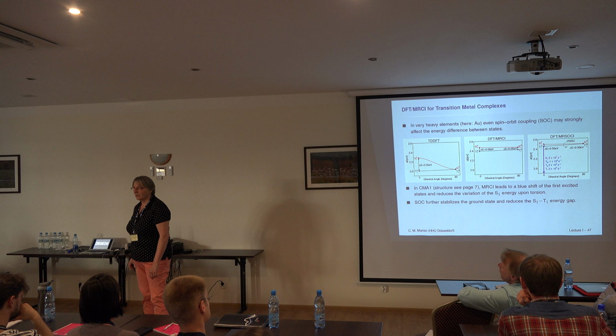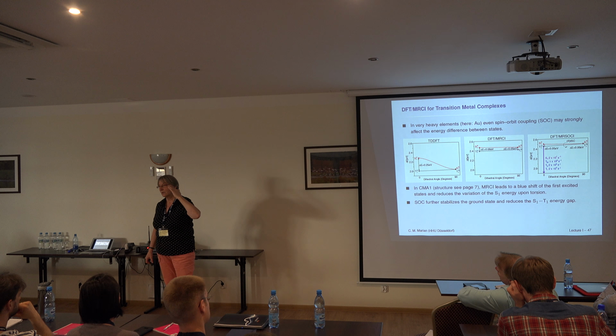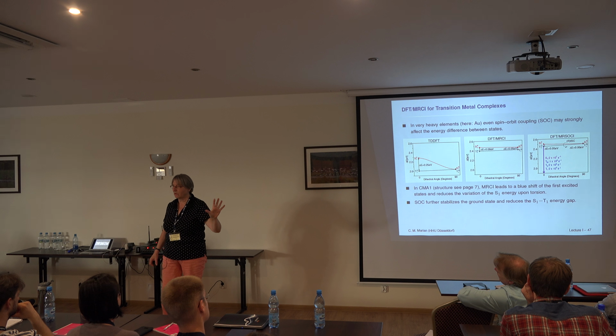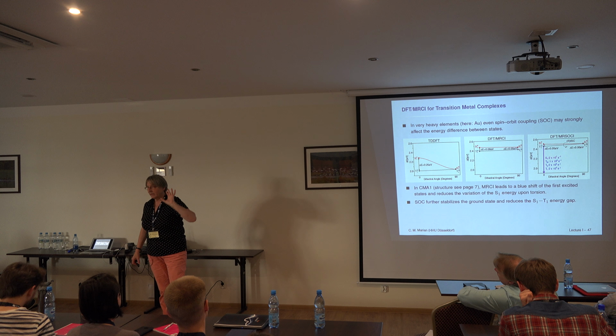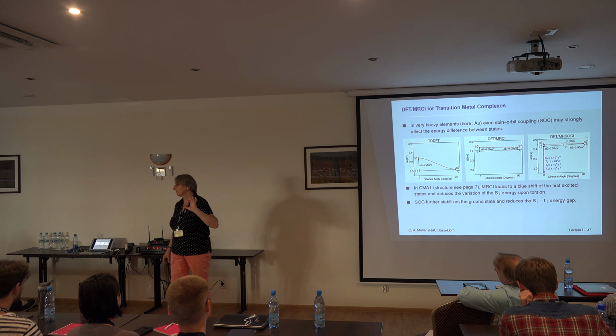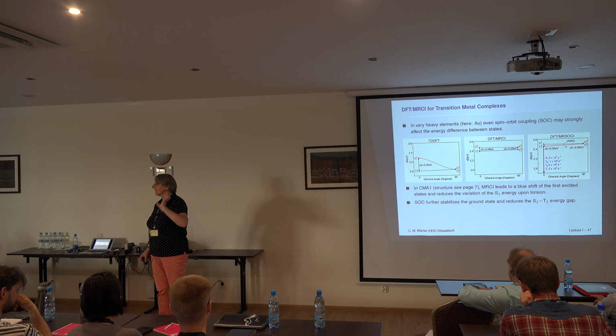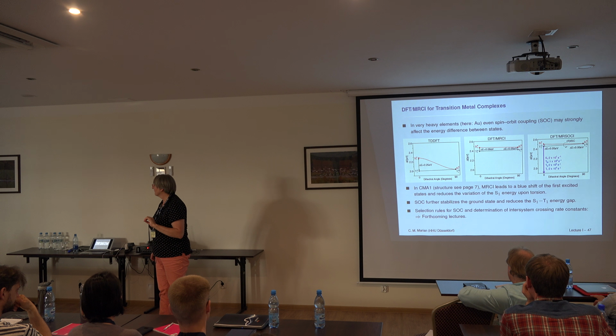And you should consider that always if you go to third row transition elements. It's not necessary for first row, it's not even necessary for second row, but for third row, if you have iridium, platinum, gold in your complex, I recommend to put relativistic effects and also spin-orbit coupling, so to say, in the calculation of the energies.